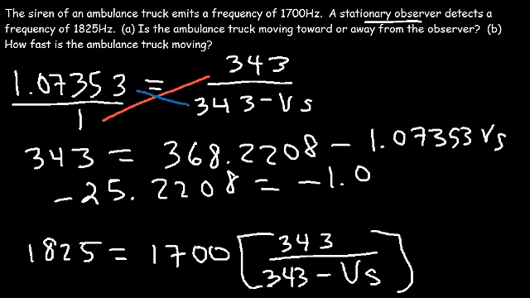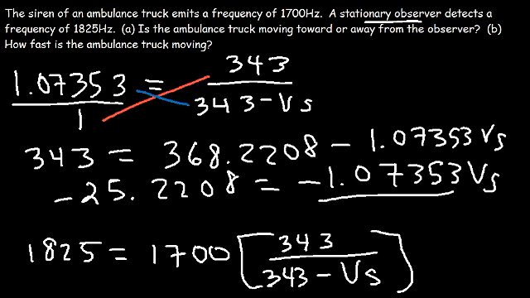And that's equal to this. So now let's divide both sides by this number. So negative 25.2208 divided by negative 1.07353 gives us the speed of the source, which is about 23.49 meters per second.